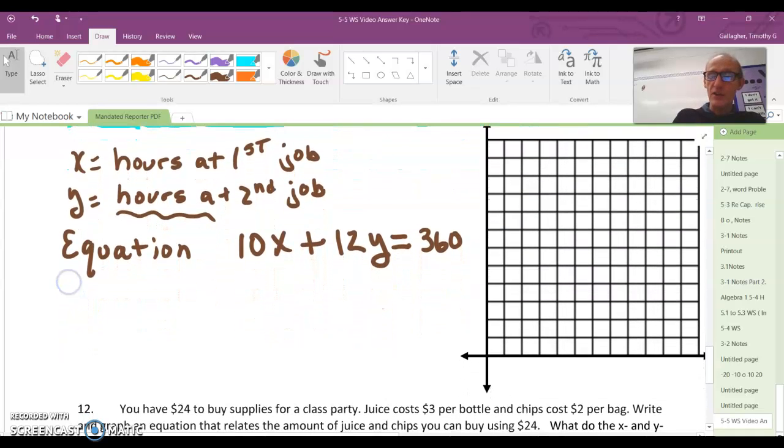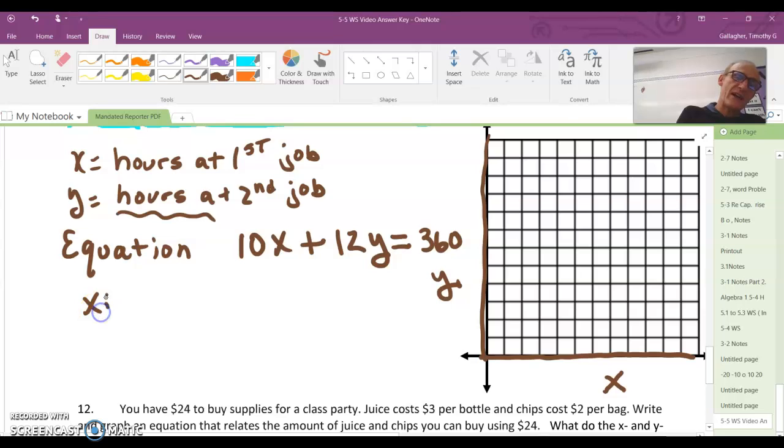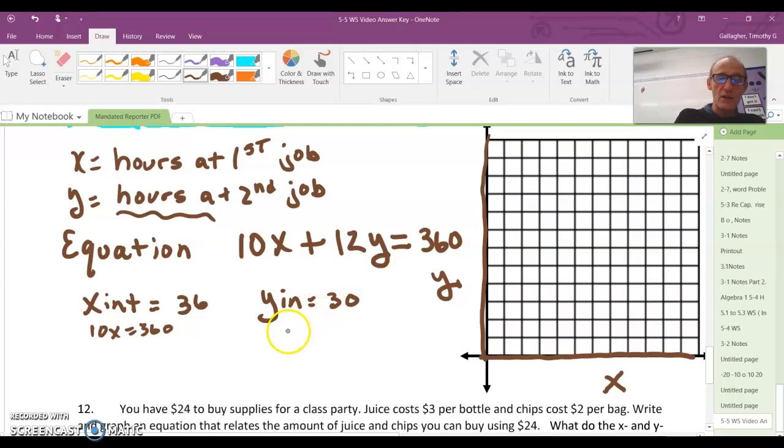Now the graph, here's your x-axis, and here's your y-axis, right here. And the best way to do this is find the x and y intercepts. So the x-intercept equals 36 because you get 10x equals 360, all right? The y-intercept, all right, is 30 because 12y equals 360, so y is equal to 30.